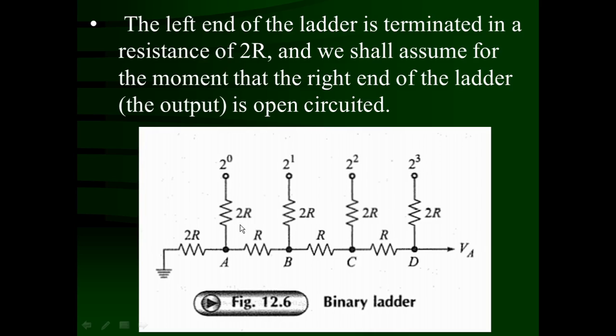The resistances are 2R. While A to B, B to C and C to D, the resistances are chosen as R only. So only two values of resistance are required in this R-2R ladder network.